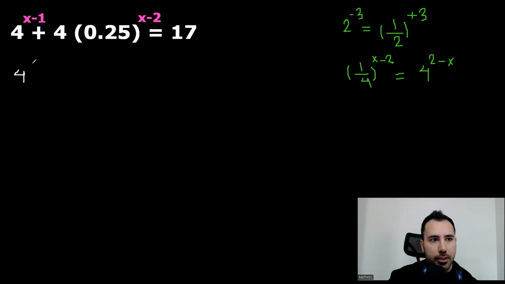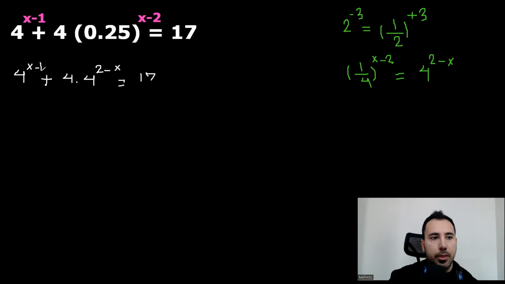We're not going to change this part. 4 to the power of x minus 1 plus, I'm going to keep this 4 for now, but this term would be this term. So multiply by 4 to the power of 2 minus x, equals 17.